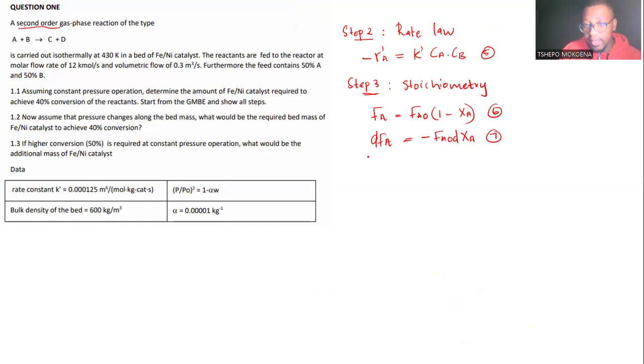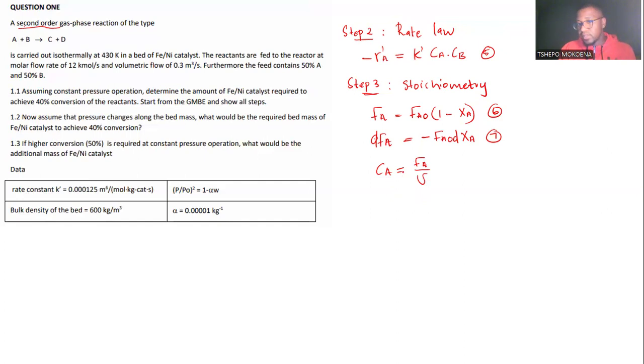This one, I will elaborate more on so that you understand how we got to the final derivation. So CA, number one, in this case, we're going to say is equal to the molar flow rate of A divided by the volumetric flow rate. This is what we know. This is the stoichiometry.